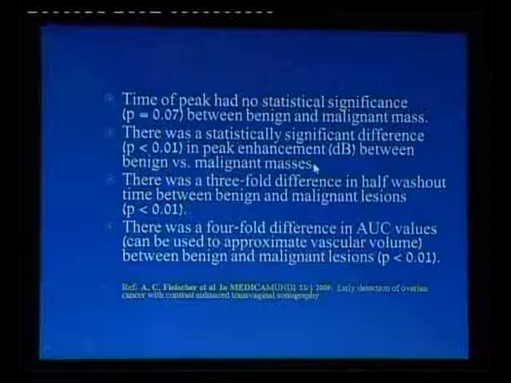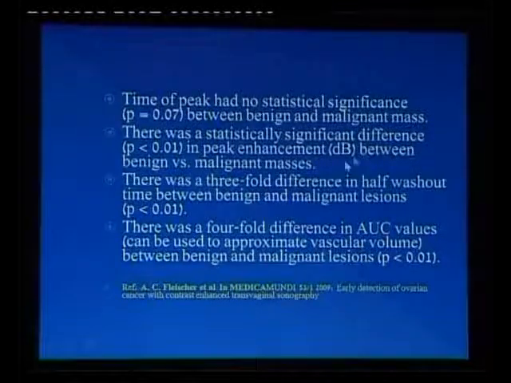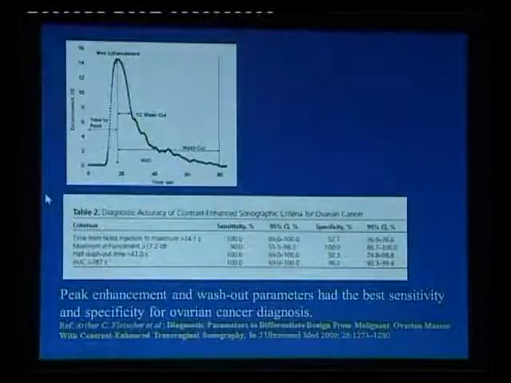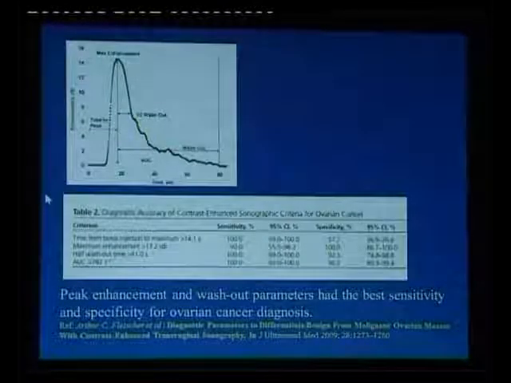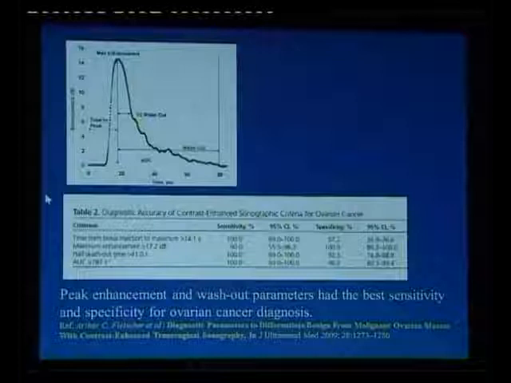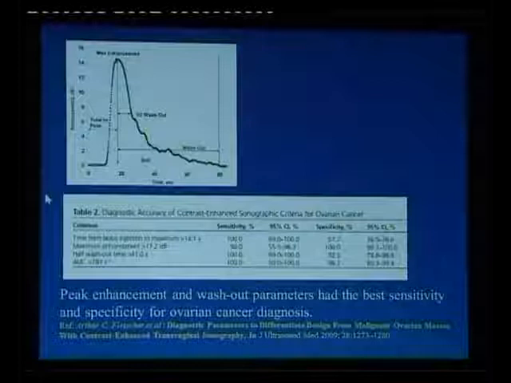That means the peak enhancement comes within malignant masses much earlier as compared to normal ovarian tissue or benign masses. But what is also observed, unlike other tumors, is that the half washout time is much more, or the area under the curve is much more. What I mean thereby is that the contrast remains within the ovarian malignancies for a longer time as compared to benign tumors or as compared to a normal ovary.